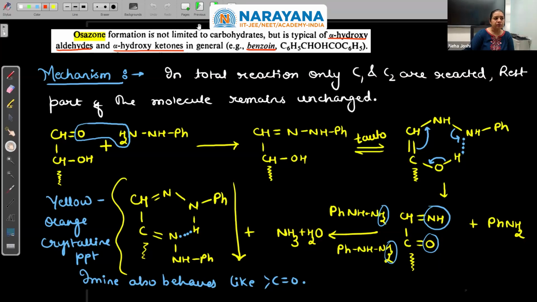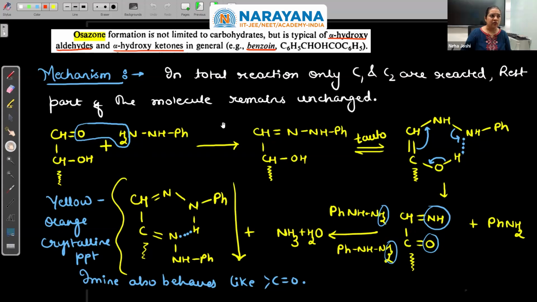These two centers, the alpha OH and the C=O, are both converted to phenylhydrazone because we are using phenylhydrazine. Rest, everything will remain unchanged.